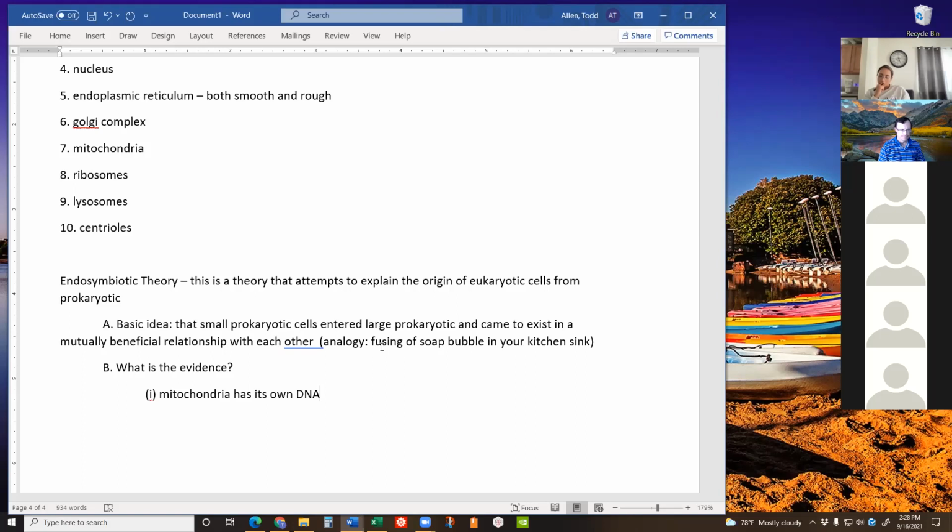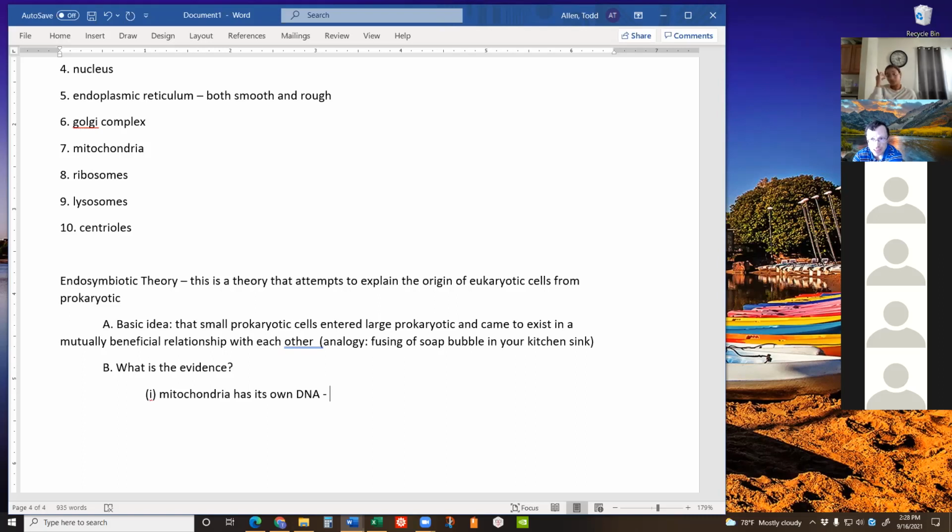Mitochondria has its own DNA, okay? If you take, with modern DNA sequencing technology, and you sequence the nucleotide sequence of the mitochondrial DNA, the A's, T's, C's, and G's, which we will talk about in depth in chapter 8, and then using a computer, you compare the sequence of DNA that comes out of a mitochondria to the rest of the DNA you find in the nucleus of a typical animal cell, as well as the typical DNA you find in the nucleoid region of a bacterial cell, you can guess the punchline.